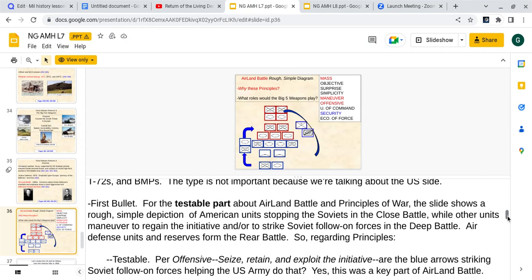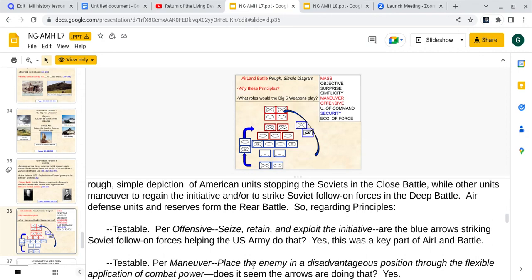So for the testable part of what you should know here, air-land battle and principles of war, the slide shows a rough, simple depiction where the blue is the American units and the red would be the Soviet units. As for offensive, meaning seize, retain, and exploit the initiative, the blue arrows here are striking Soviet follow-on forces.